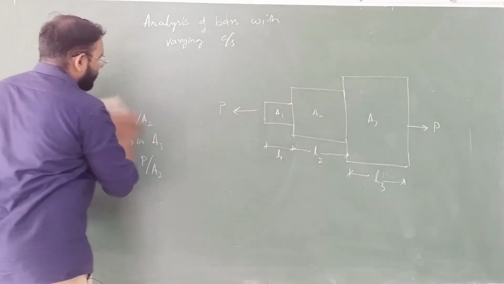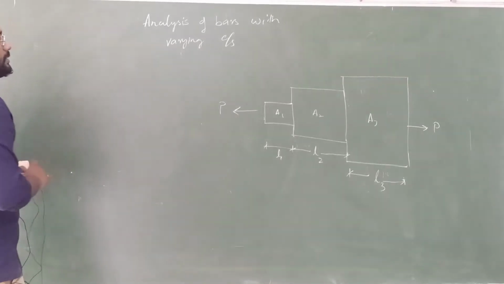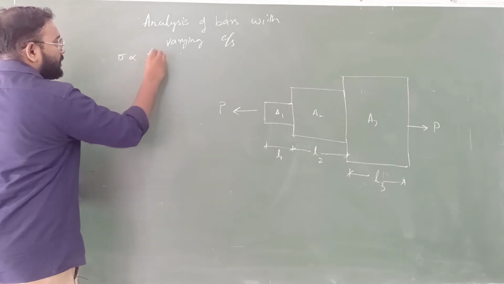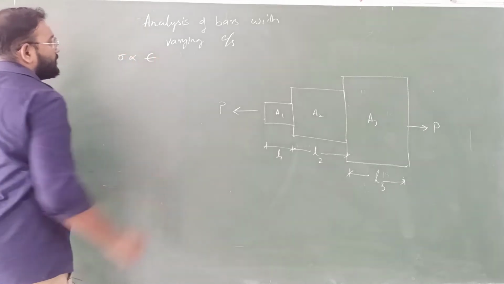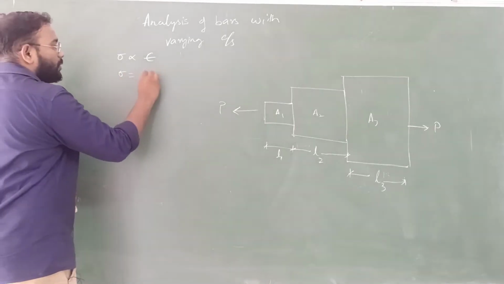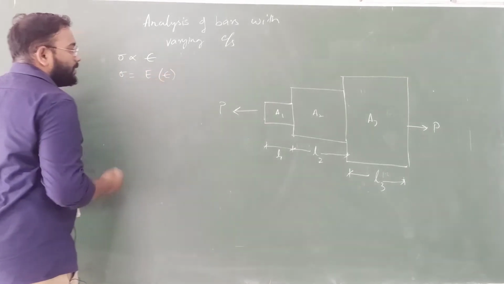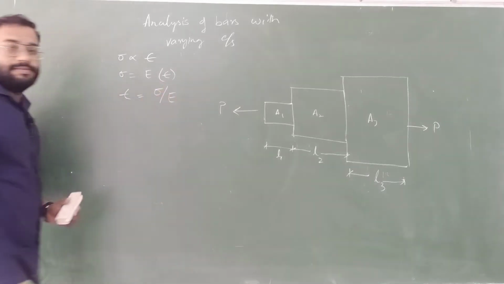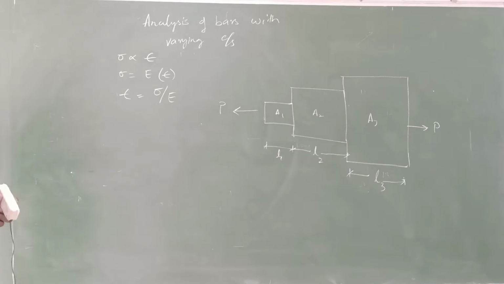Similarly, we'll have strains. We have the condition that stress is directly proportional to strain, sigma is directly proportional to epsilon, or sigma is equal to E times epsilon, or strain is given by sigma by E. This relation we have studied, right?